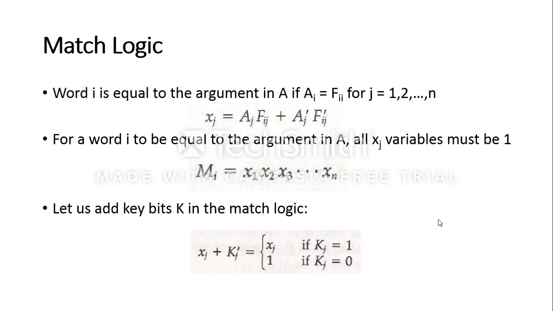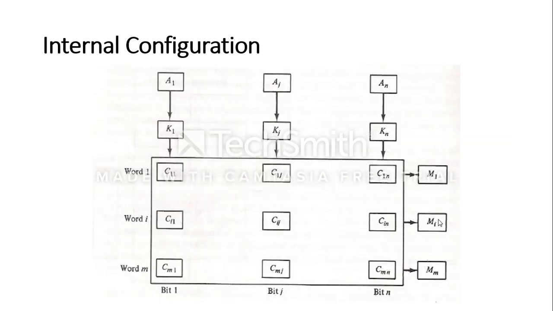Now let us try to define the logic for the match process, the comparison process. As you can see from this diagram, if I have some word available in the argument register, that means these n bits in the argument register are set to some specific bit combination A1 up to An. This combination is required to be compared with every word available in the associative memory.